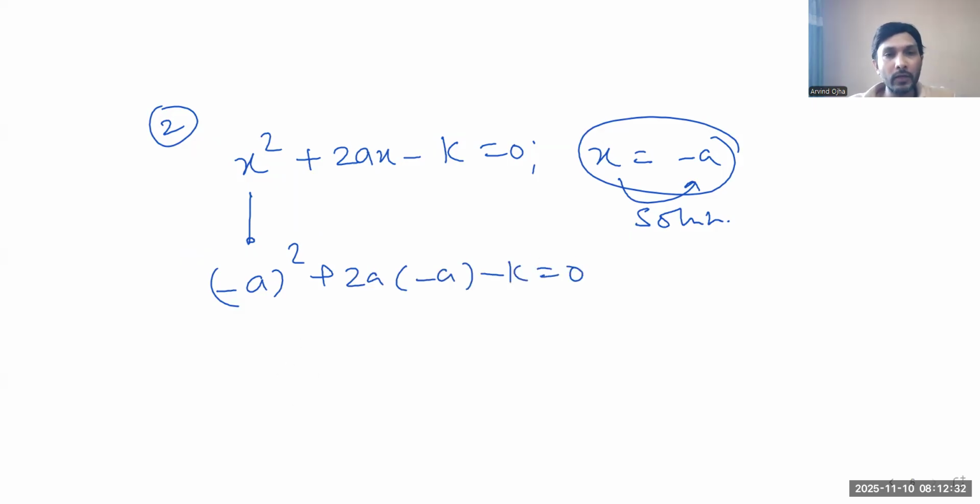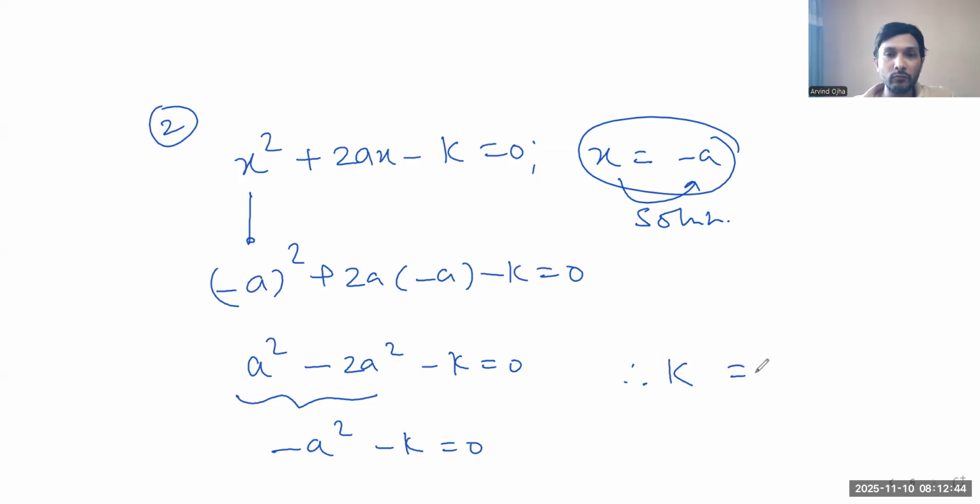Minus a square will become a square, this will become minus 2a square, minus k is equal to 0. When I solve this, I get minus a square minus k is equal to 0. So basically k is equal to minus a square. Okay, so this is the final solution of this.